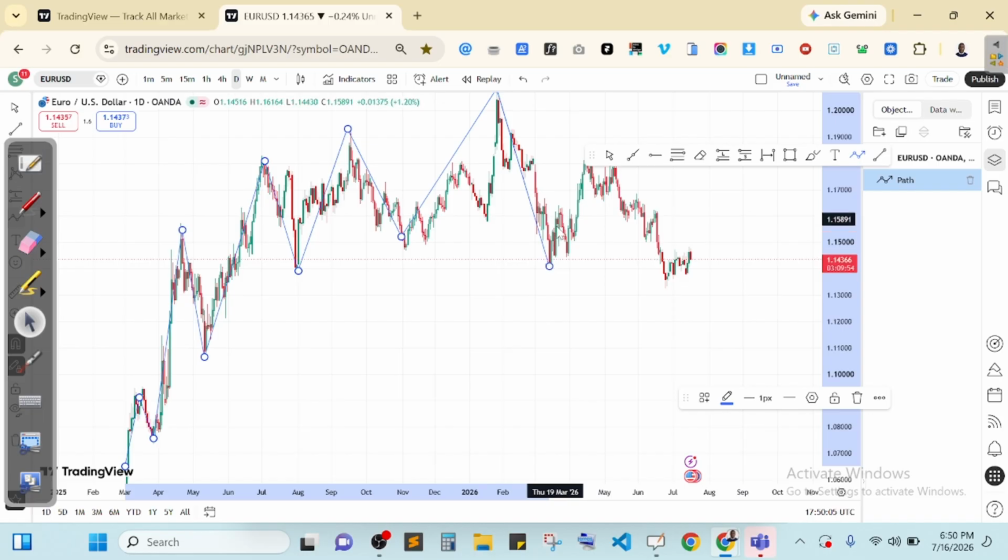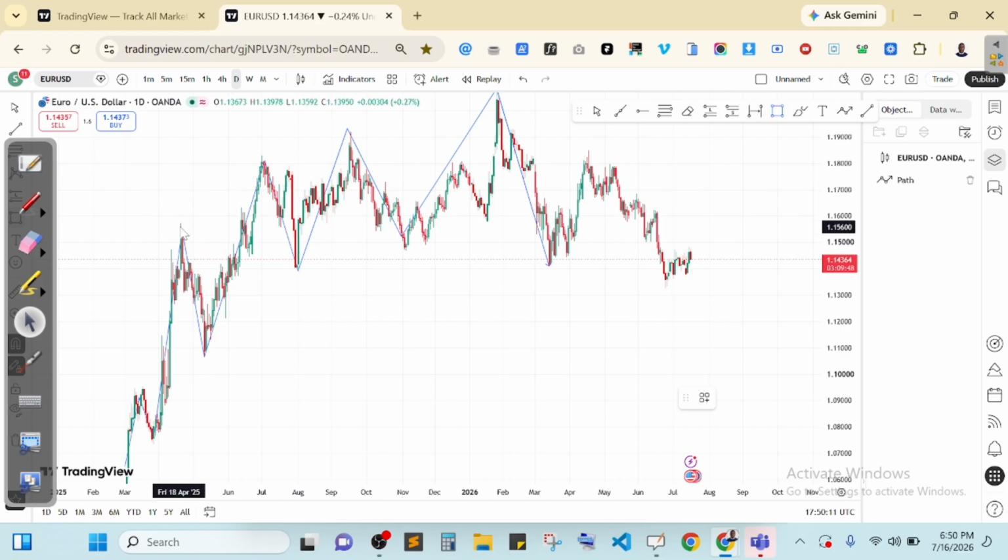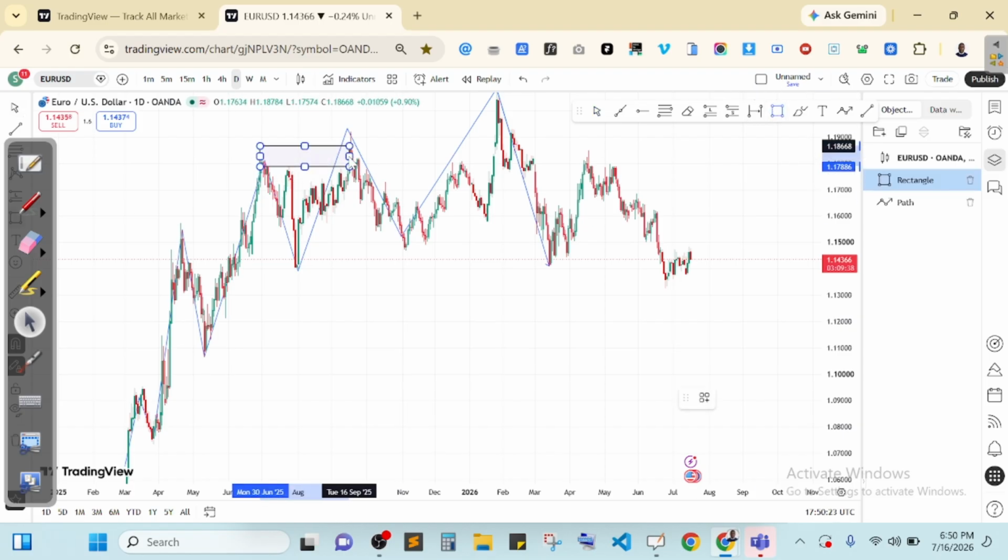Let me wait here. Let me show you something here. If you pay attention very well, you can see that this is a break of structure. That place is a break of structure. This place also is a break of structure. This place is a break of structure, right?